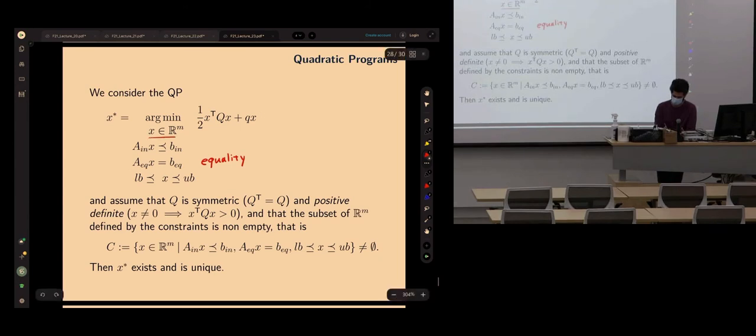That's what you solve for. This is called an inequality constraint. This is the lower bound, and this is the upper bound.